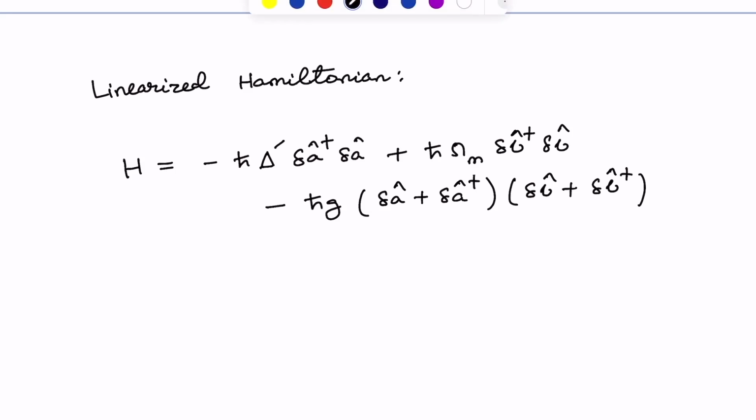And this we are writing without considering the quantum noise and the damping.